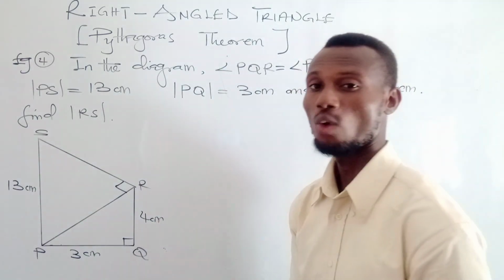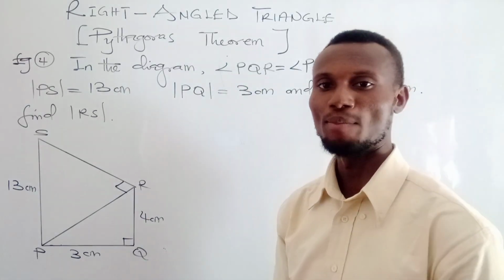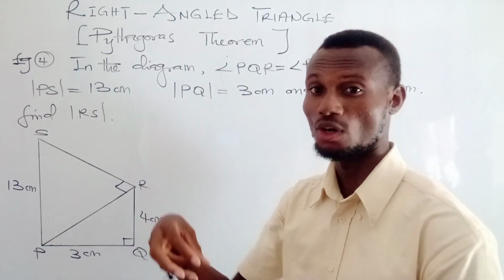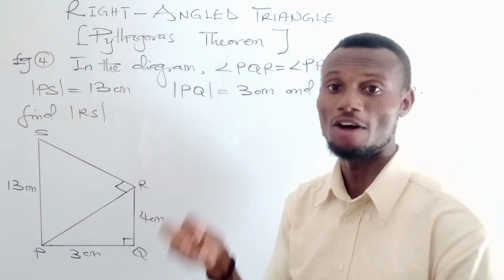So now when we speak of angle PQR, we are talking about the angle that is formed on the middle letter. So the middle letter is our focus.